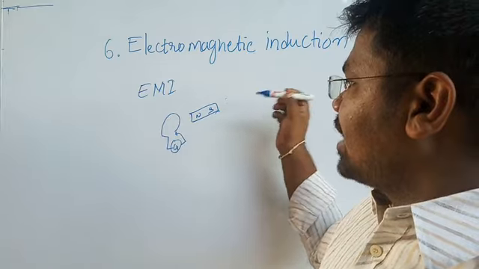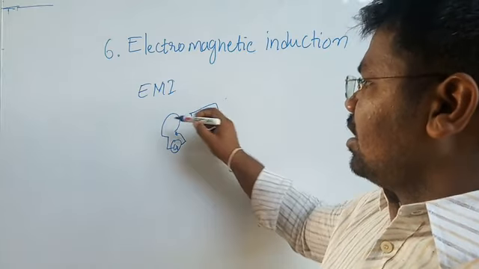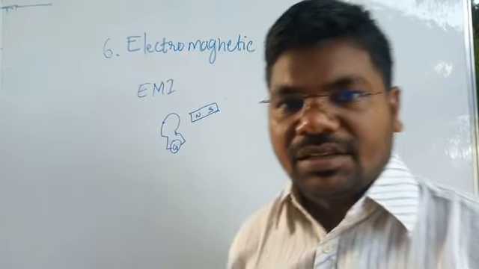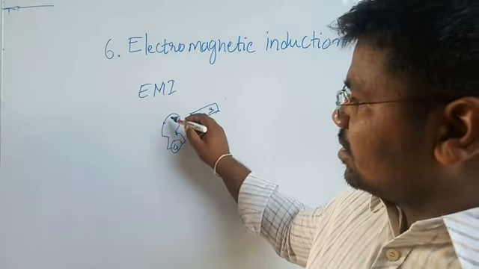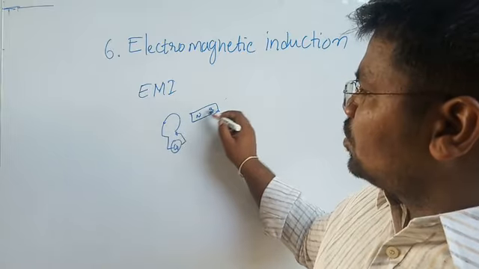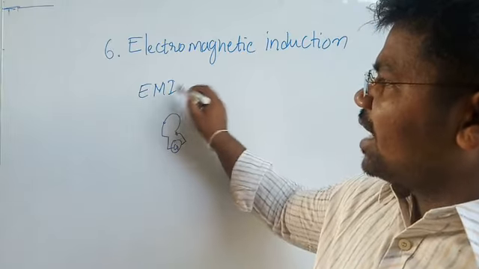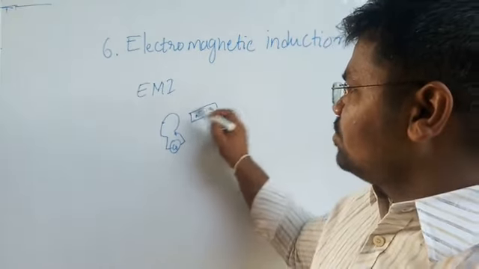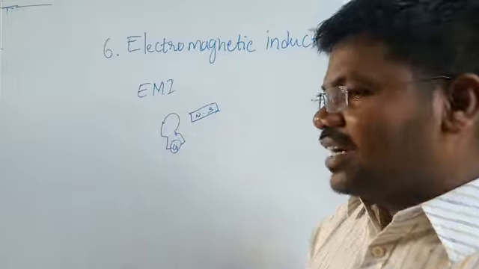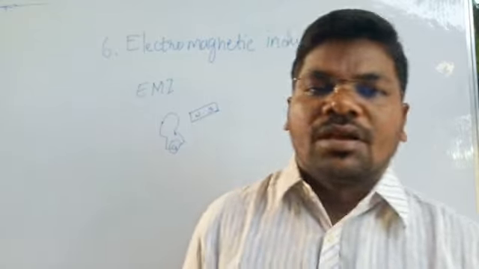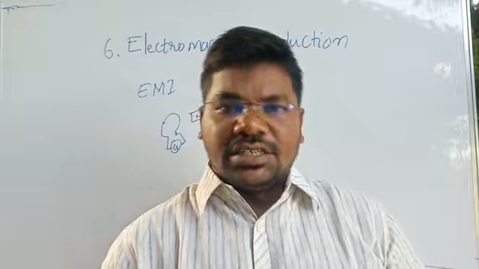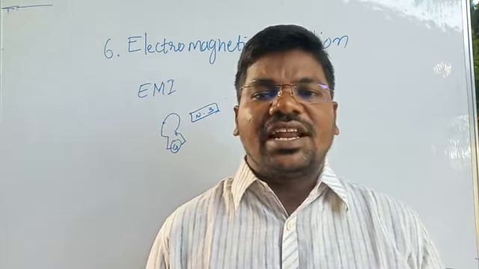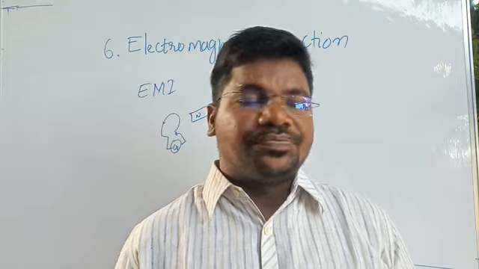If the magnet moves away from the coil, some current is developed in the coil. The current due to relative motion of the magnet is called electromagnetic induction. The relative motion between coil and magnet produces electricity. This current we call induced current.